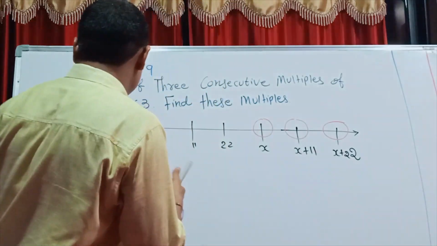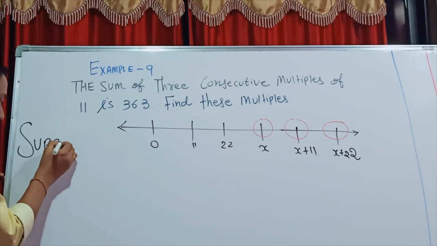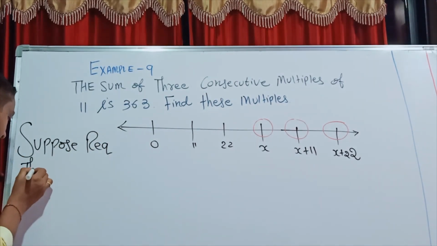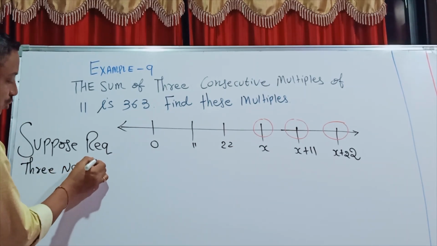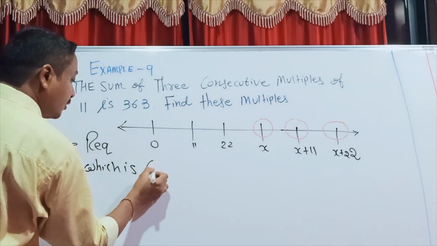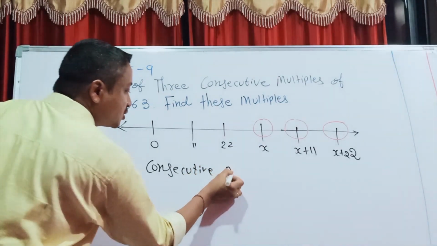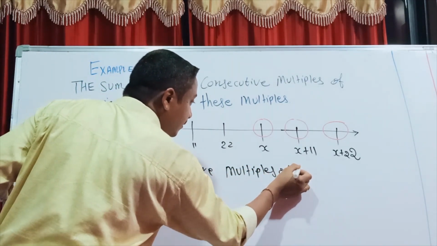Suppose we require 3 numbers which are consecutive multiples of 11.